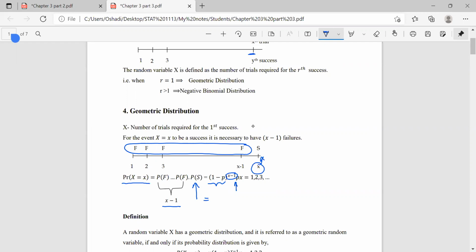It should be (1 minus P) to the power X minus 1, into P, for X equals 1, 2, 3 likewise. There is a space.